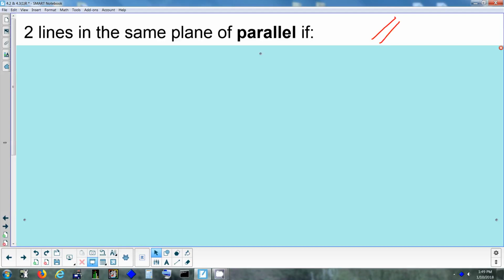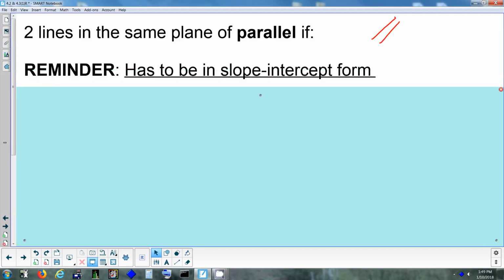What letters in the formula mean slope, what number's always attached to it to tell us that it's a slope? So the x, when we're dealing with slope, the number with x is always going to be the same. Always, always, always. So, first thing, if we're asking you to look at 2 lines and say whether they're parallel or not, they have to be in slope-intercept form.